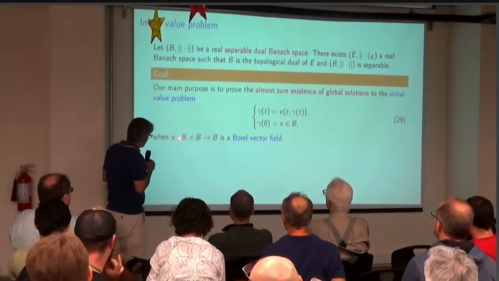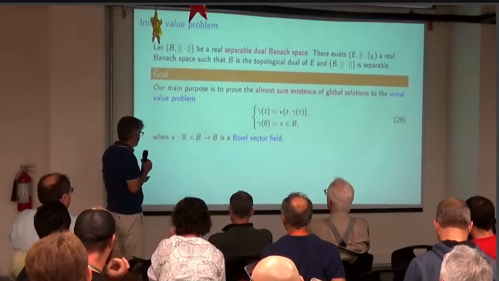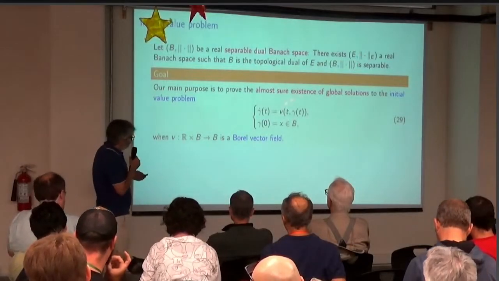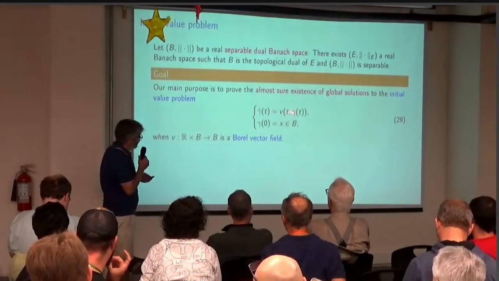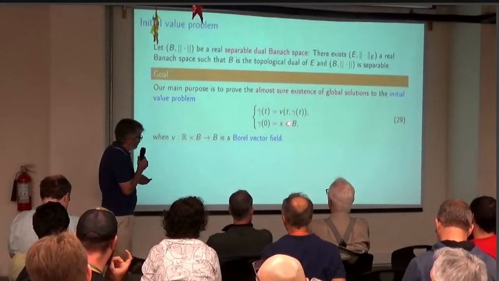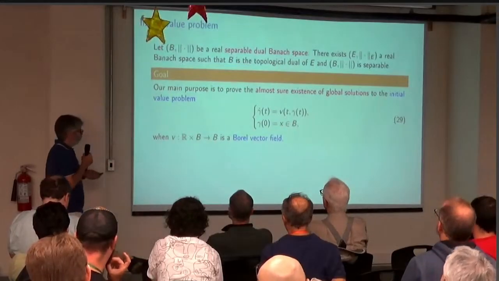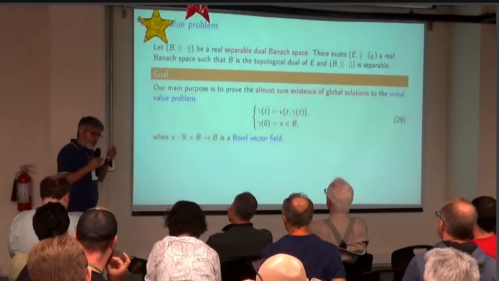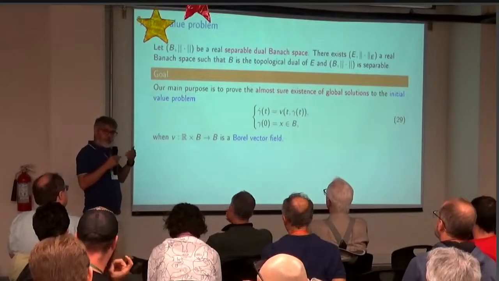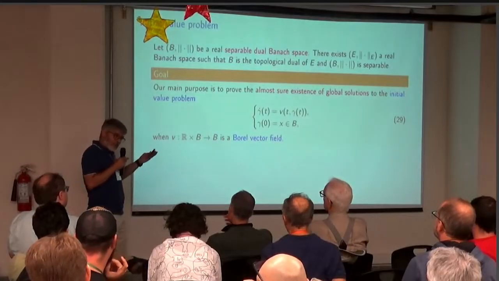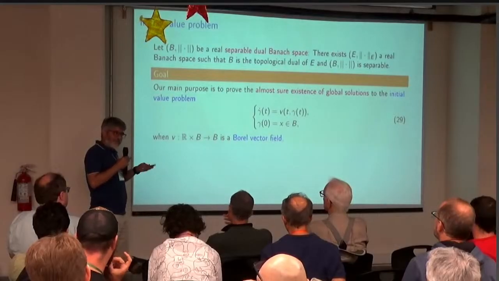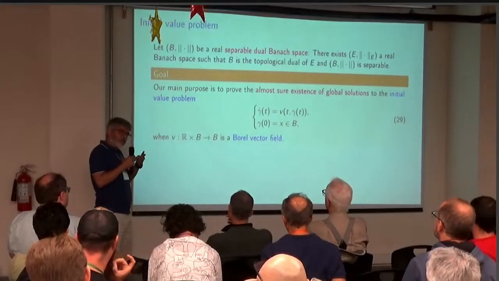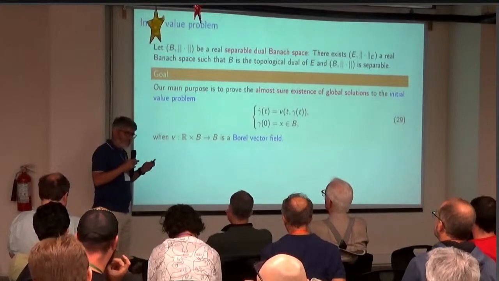So if you take a Borel vector field, so it's measurable, you would like to solve the equation gamma dot t equals v_t of gamma t, with initial condition x in B. One of your ingredients is that you have a measure connected to this problem that is a solution of the Liouville equation for all times. I will try to explain.